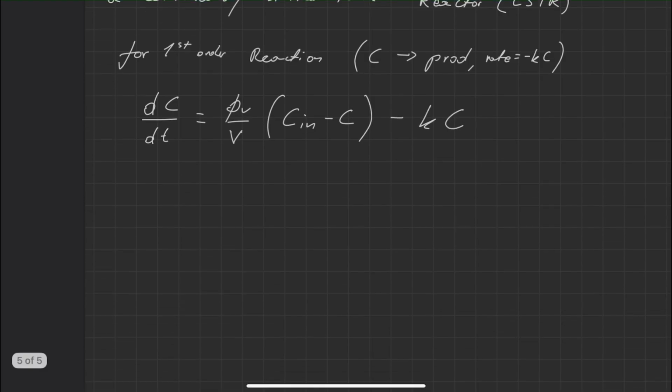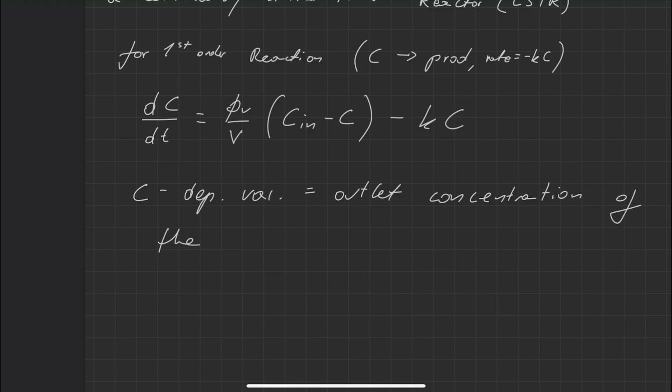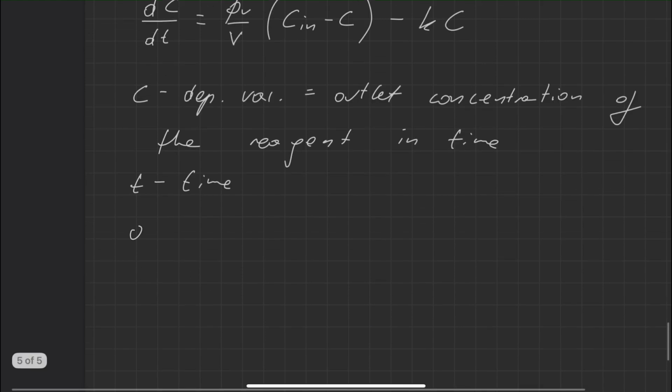So let's quickly define the variables. C is the dependent variable, and this is equal to the outlet concentration of the reagent in time. t obviously is time. φV is nothing else than the volumetric flow rate.